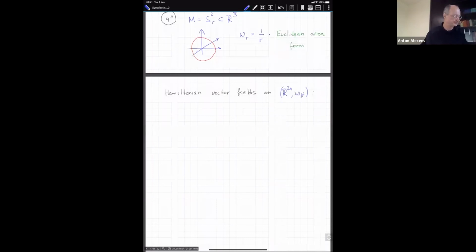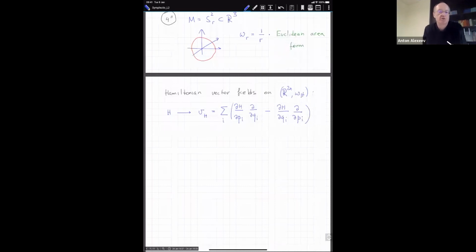Maybe I just give you the answer. It's a simple exercise to check that if you take a function h, then the corresponding V_H would have the following form: sum over i of the partial derivative of h with respect to p_i times d/dq_i, minus dh over dq_i times d/dp_i.